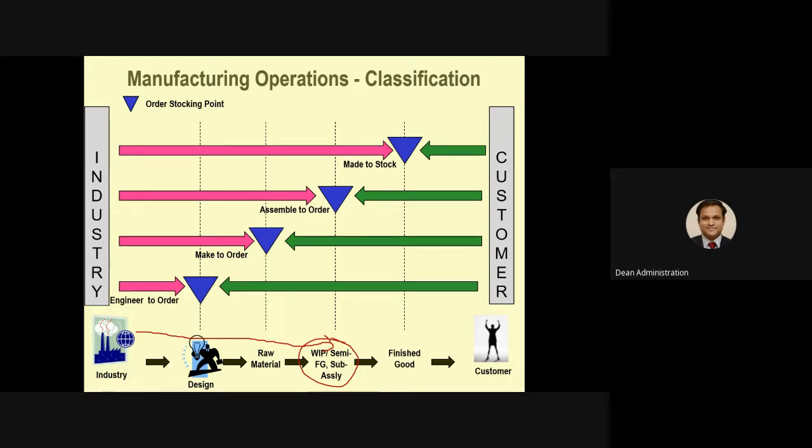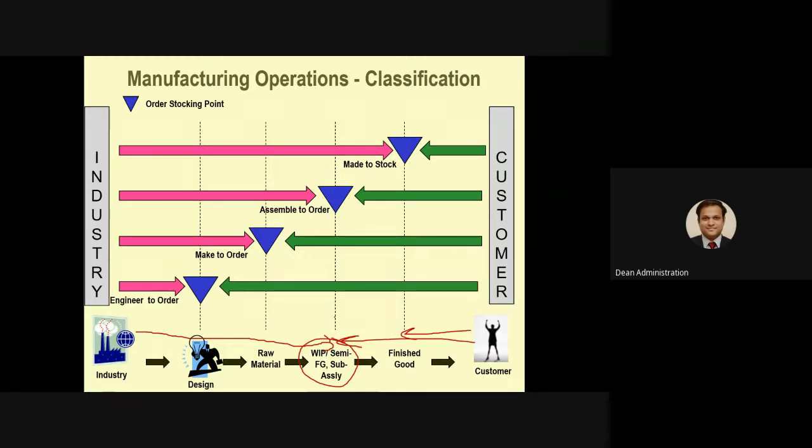What is the advantage of that? Because the customer wants various different types of customization. If you give them the full product, then the customer is not satisfied. So instead of coming at the finished stage, like in made to stock, the customer comes to you at a stage where products are still semi-finished, and he orders.